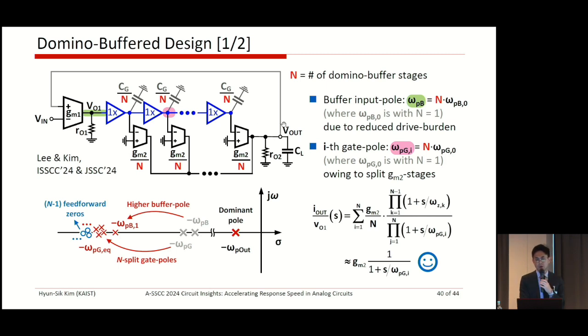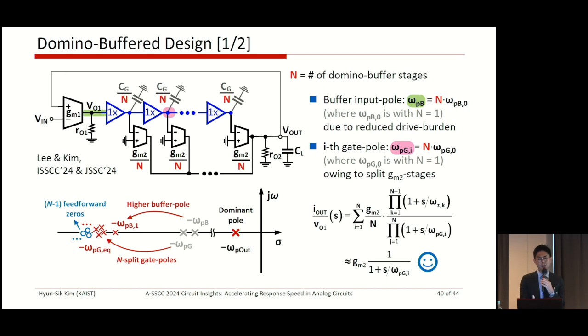The buffer pole formed here is very small, because the buffer is small and weakly designed, and each buffer drives a very small segment of the second stage. The gate pole formed here is also reduced due to the split stages.